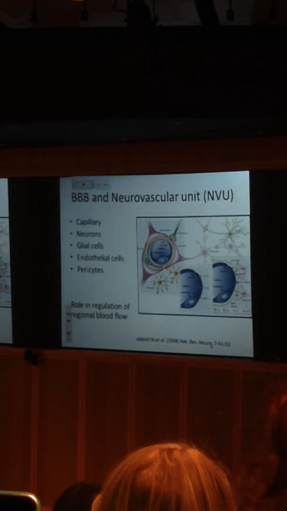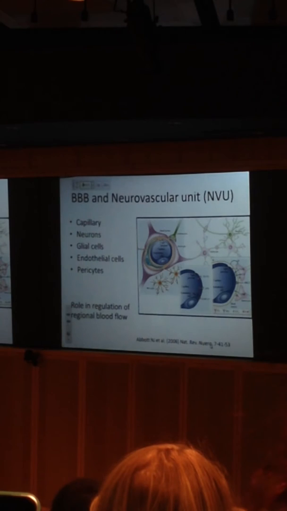So altogether, they regulate the regional blood flow as well, controlling the ion and fluid transport between your blood and your interstitial fluid. If you're interested, here's another paper that I have, a review on this topic. Okay.